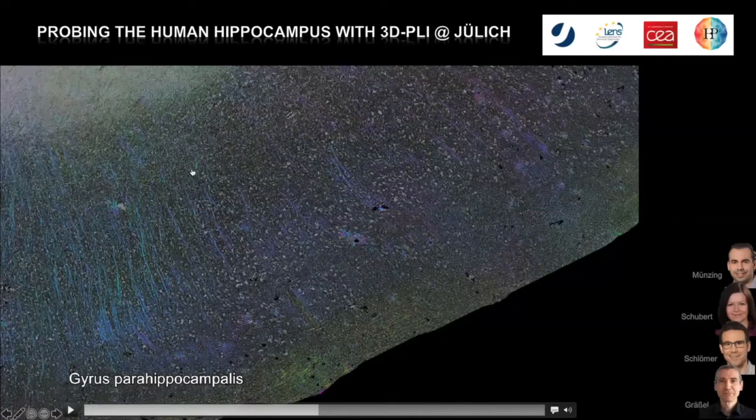You can see the fibers, cortical fiber tracts, or tiny bundles, however you would like to call them. But you can also see these bright dots, which are indications of cell bodies.